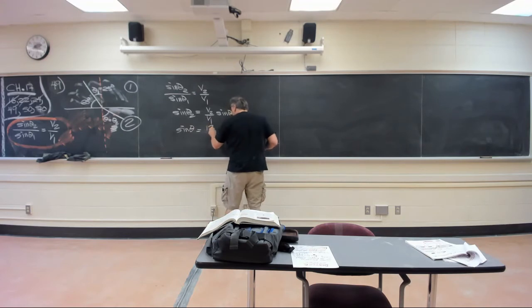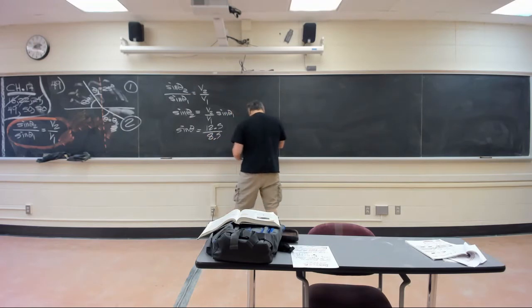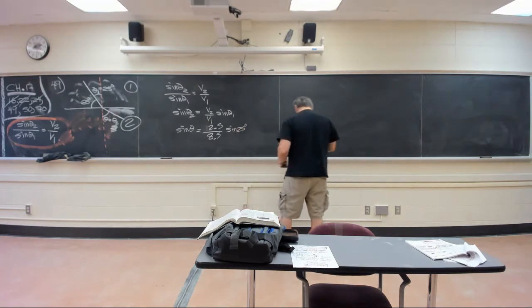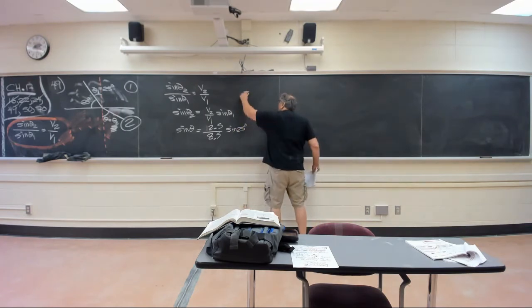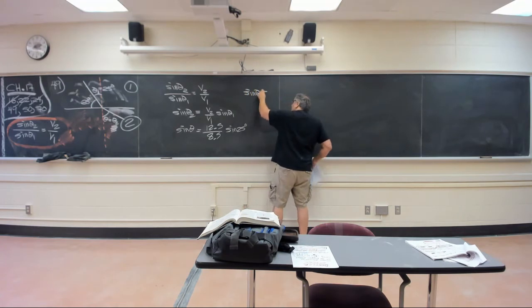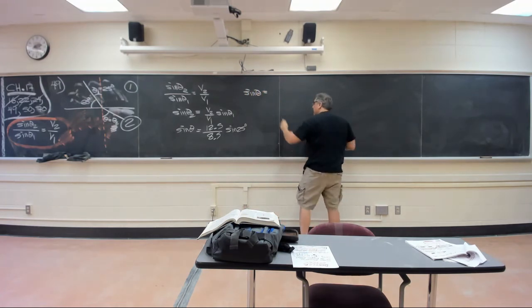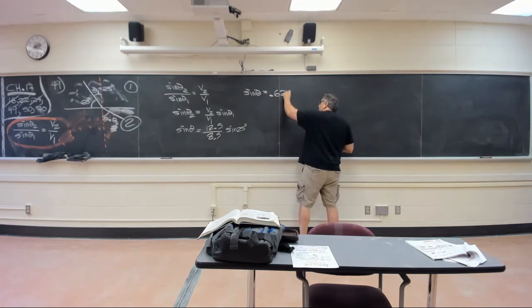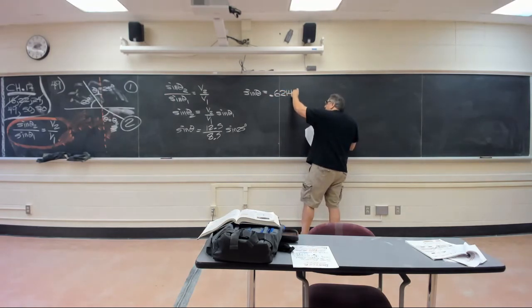V2 is 12.5 kilometers per second. The other one's 8.5 kilometers per second. This is the sine of 25 degrees. Let's do the math. Sine theta, we grind that thing out. You do it on your calculator, you're going to be fine. You're going to get 9.7.